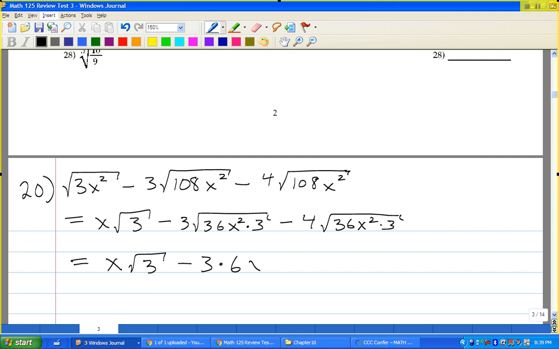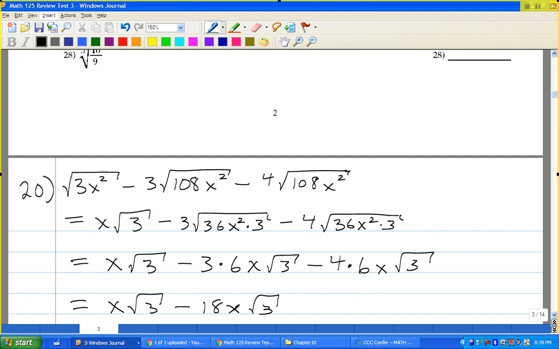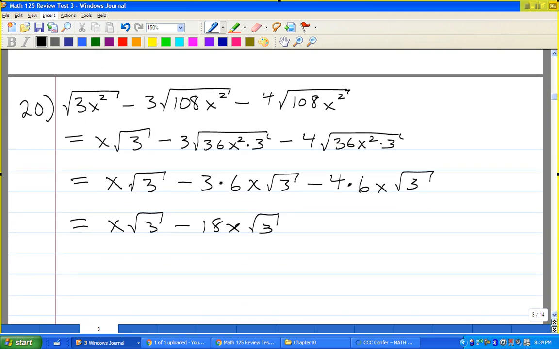The square root of x squared is x rad 3, minus 4 times the square root of 36, which is 6, times the square root of x squared, x rad 3. And so I have 1x rad 3, 6 times 3 is minus 18x rad 3, 4 times 6, 24 x rad 3.